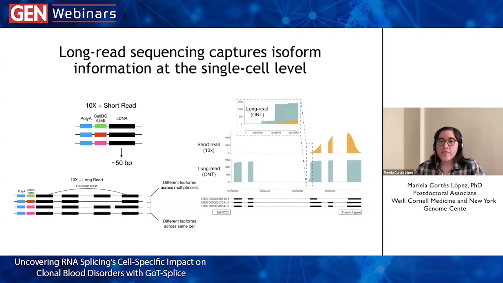And this is just an example of the degree of increased information that we gain now with the long-read sequencing. So in this case, for this gene, we can observe that the coverage of that particular cryptic splicing event, which is a characteristic of the SF3B1 mutations, is only highly captured with the long-read sequencing.